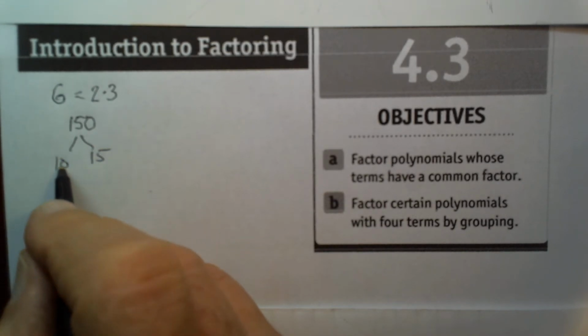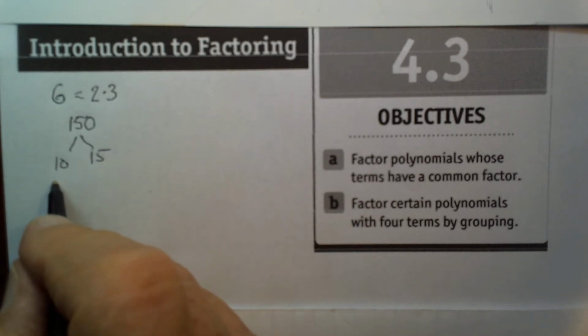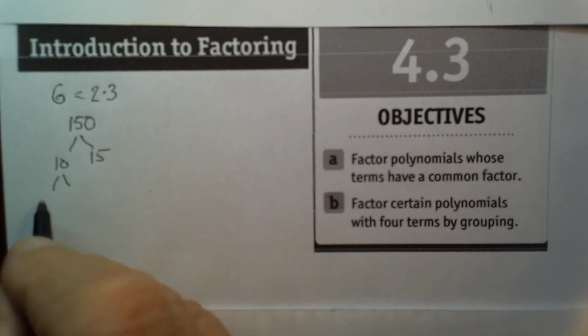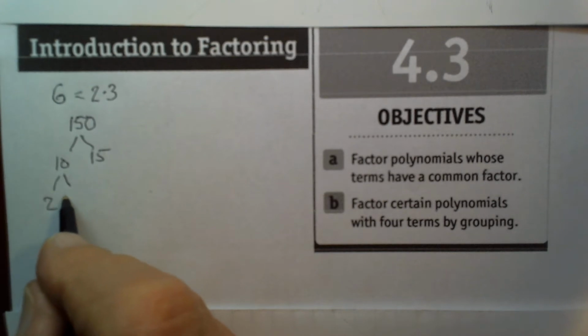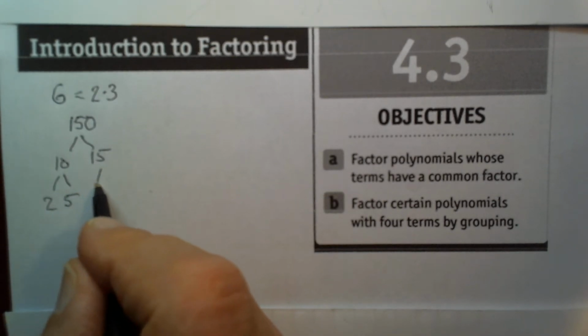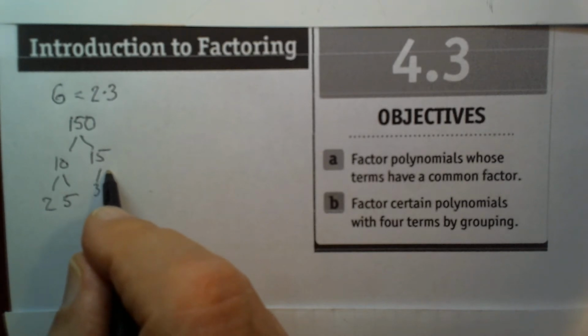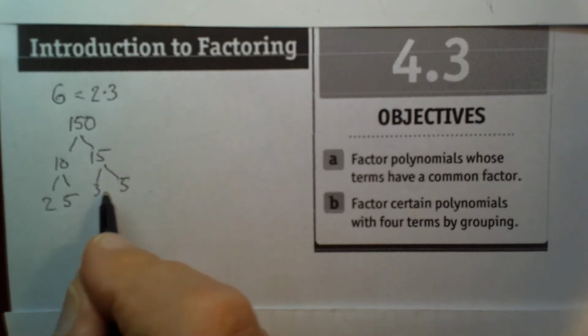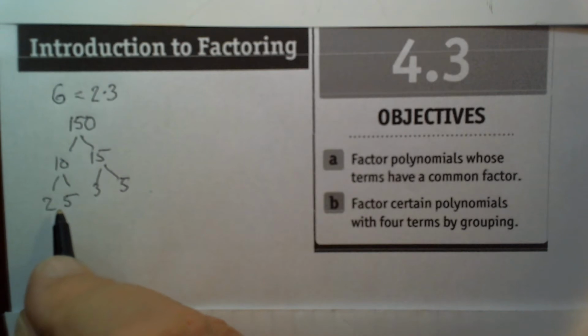But each factor, 10 and 15, can be factored again. 10 could be written as 2 times 5, and 15 could be written as 3 times 5. So these are then the prime factors of 150.